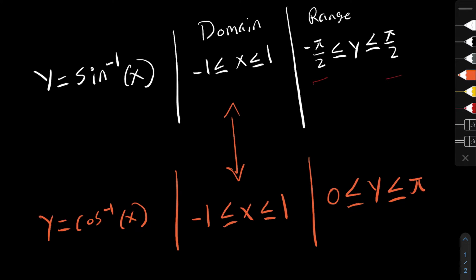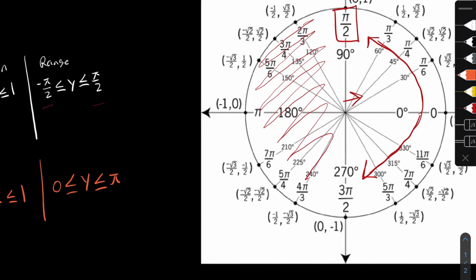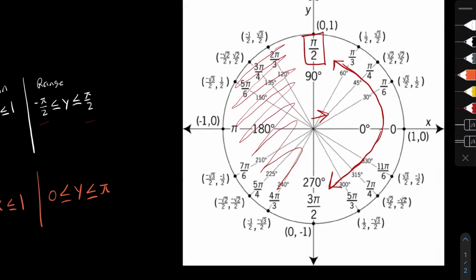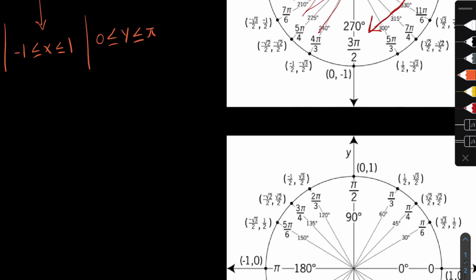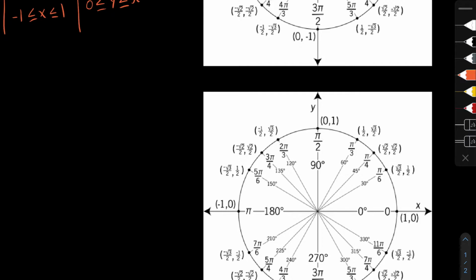Now if we look at the unit circle for cosine, we establish that there's a range limitation of 0 is less than or equal to y, which is less than or equal to pi. So we can see that pi is right here. So now, if 0 is right here, we can go from 0 to pi, but we can't go anywhere else.